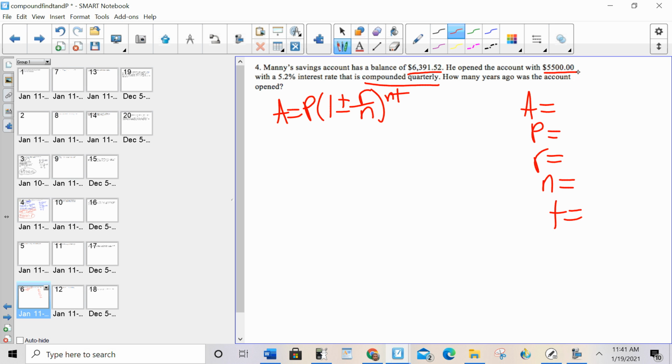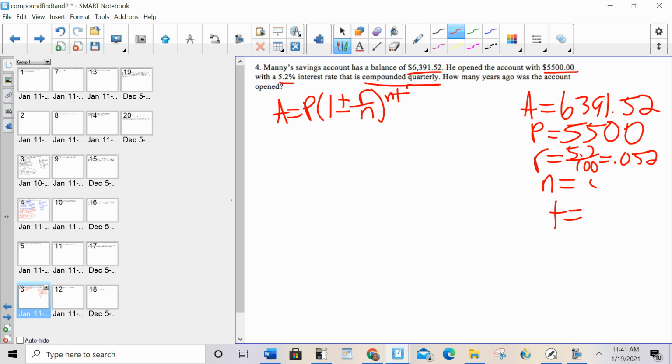That is the initial value. After time has passed, the balance is $6,391.52. 5.2% interest rate. Don't forget to divide the rate by 100. Compounded quarterly, n is 4, and it's asking for t.